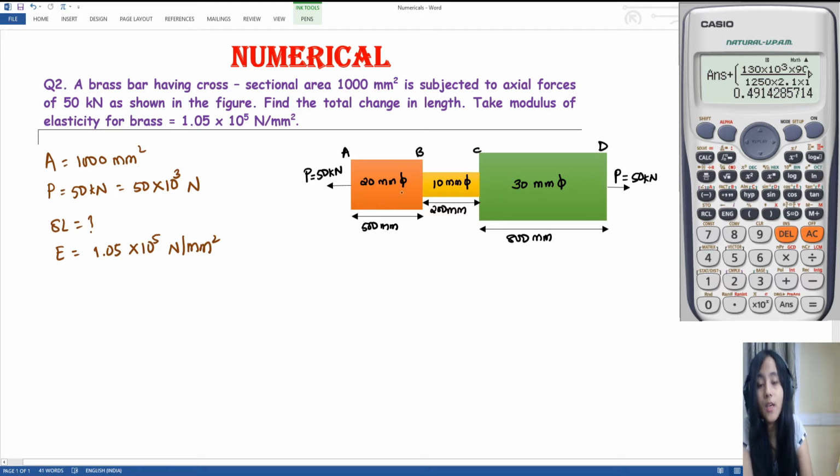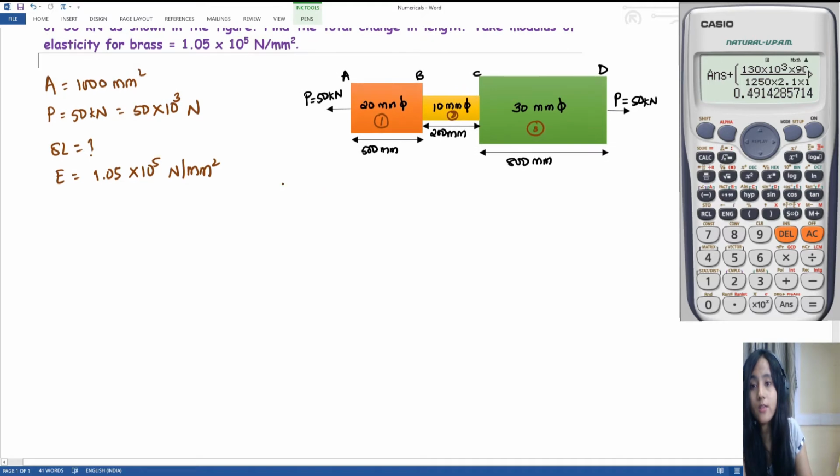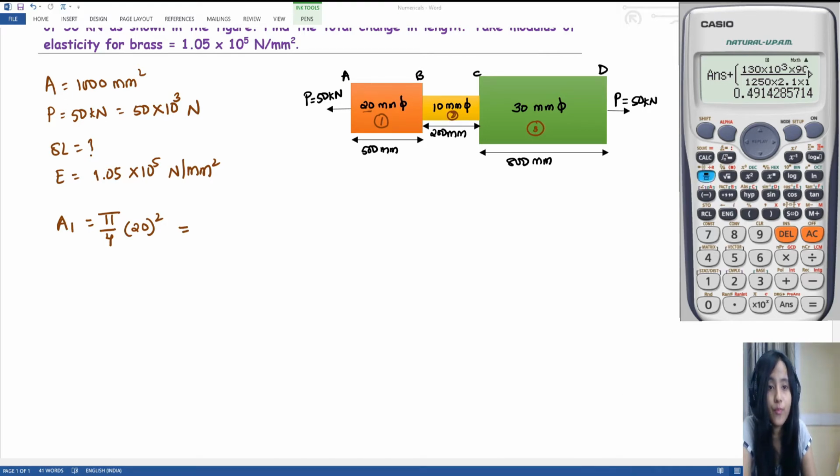Now as you can see, for each of these sections, let it be 1, 2 and 3 sections, all of their diameters are different. So that means their areas will be different. So let us find area A1. Area 1 will be equal to pi by 4 d square. The diameter given for this first section is 20, right? So pi by 4 into 20 square.